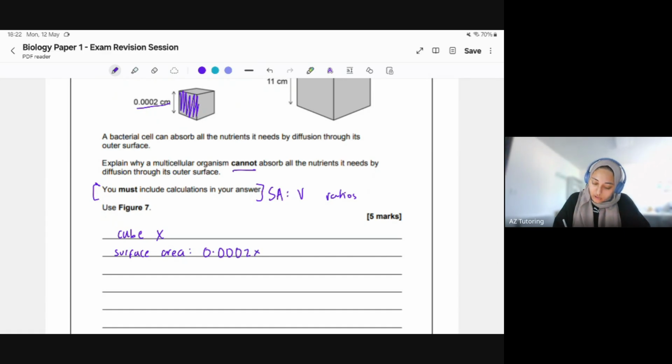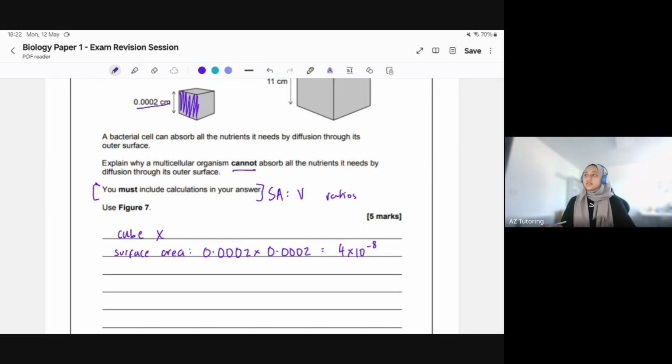Write down all your working out as well. Again, it's method marks, just looking on the mark scheme. 0.0002 times 0.0002, let me just work it out on the calculator. I'm guessing I'll get something in standard form. Okay, we get 4 times 10 to the minus 8.